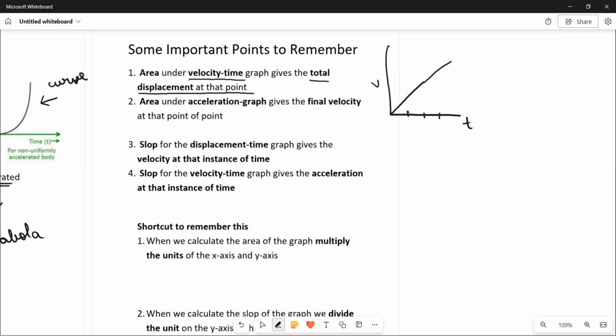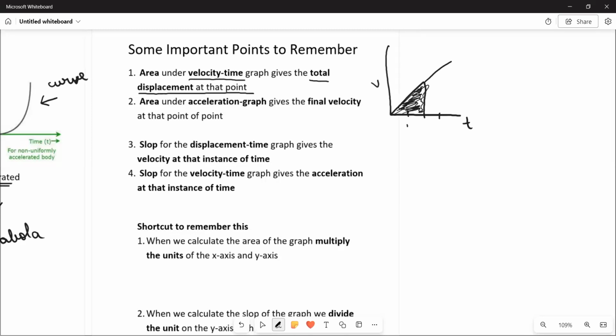And if anyone asks you what will be the displacement when the time is 2 seconds, so we'll come to this 2 second time, and we'll draw this, and we'll calculate this area, whatever will be the area in this portion.